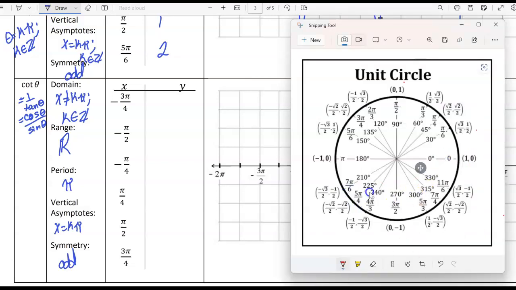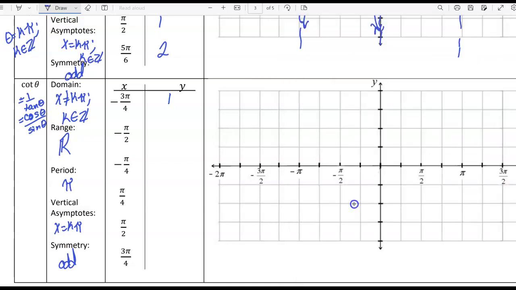Negative 3 pi over 4 is the same as 5 pi over 4, and that's going to have a cotangent value of 1. Negative pi over 2 is going to be at 0, then negative 1, and then 1, 0, negative 1, just coming off that unit circle.